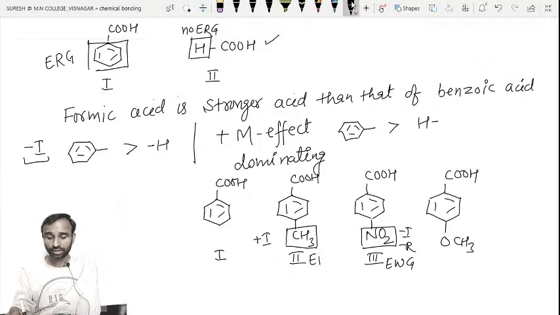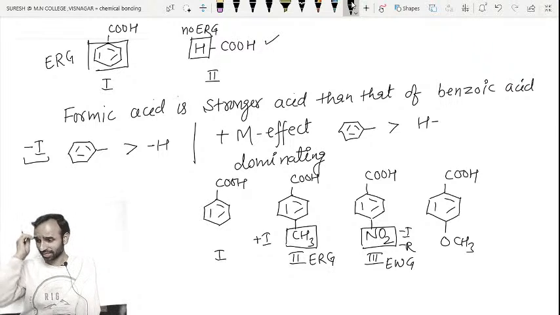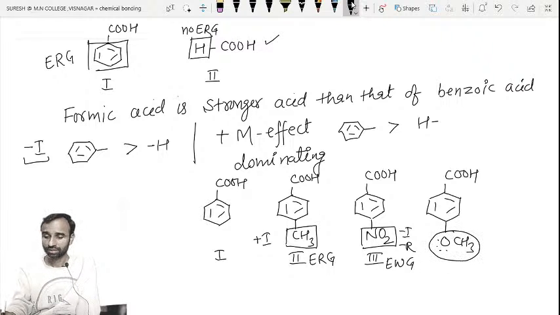This is an electron releasing group. Electron releasing groups decrease the acidic strength. Electron withdrawing groups increase the acidic strength. And what about this? This has minus I and plus R, or plus M you can say. So it is also an electron releasing group.